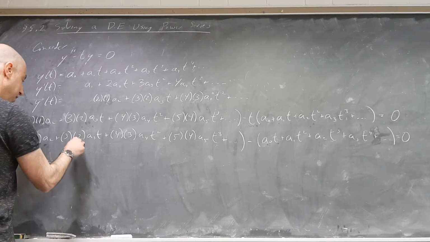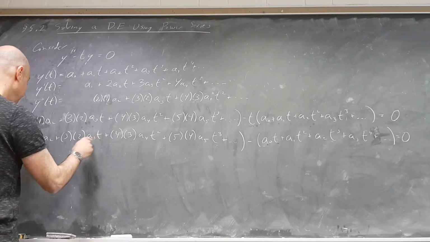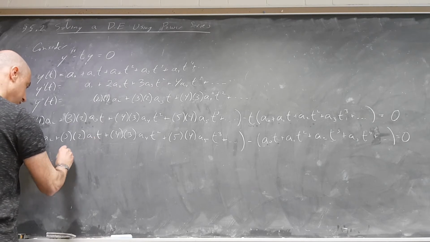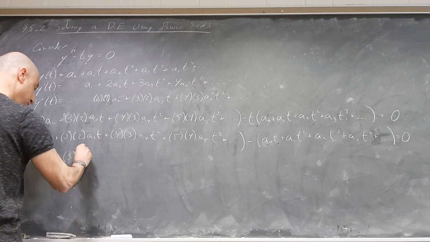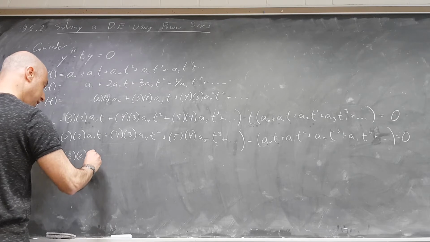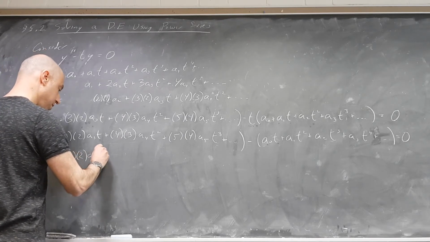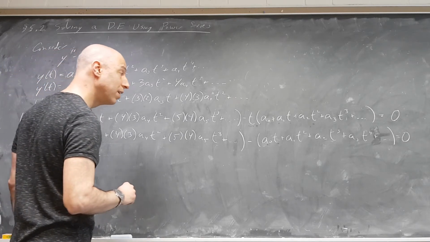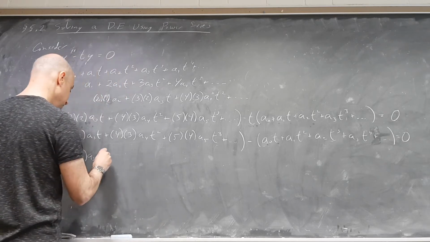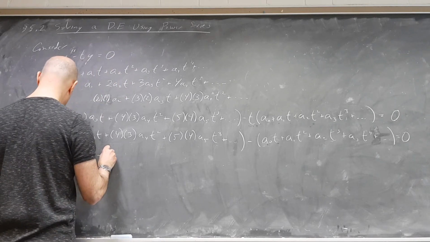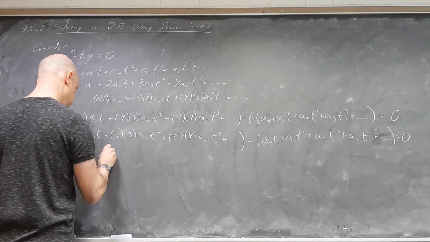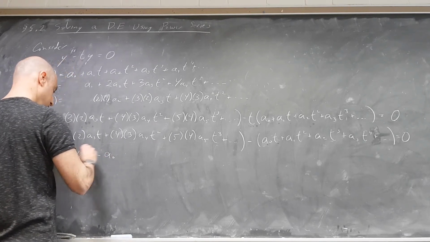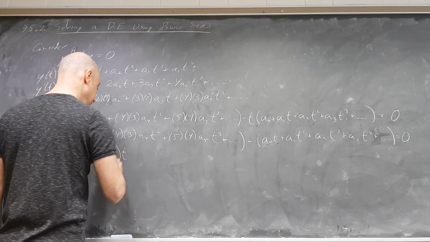And my linear term, the things with t's in it, are 3 times 2 times A3 minus A0 times t.